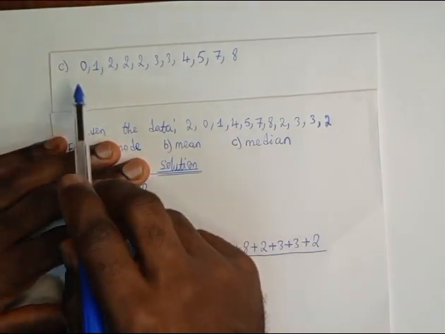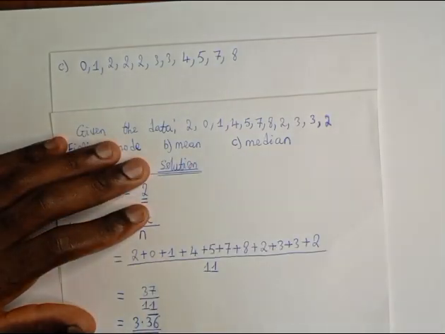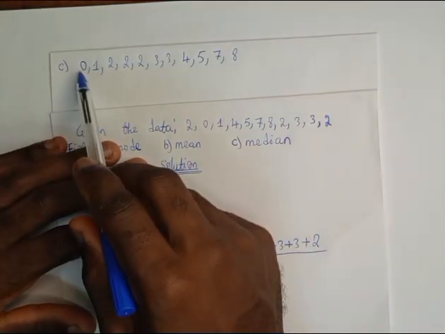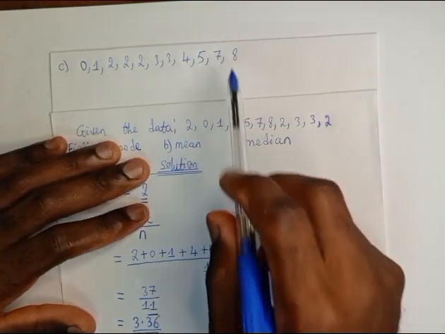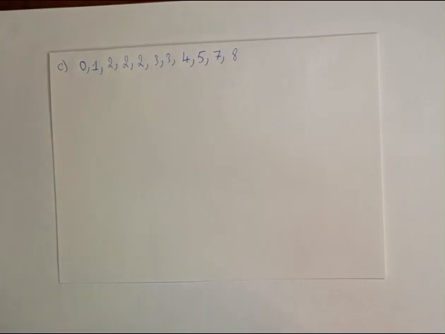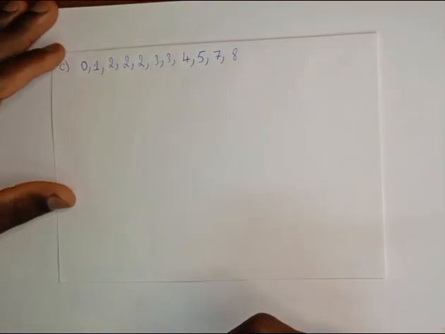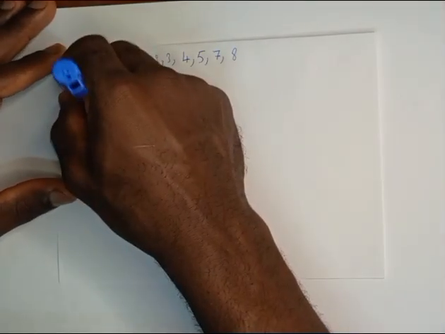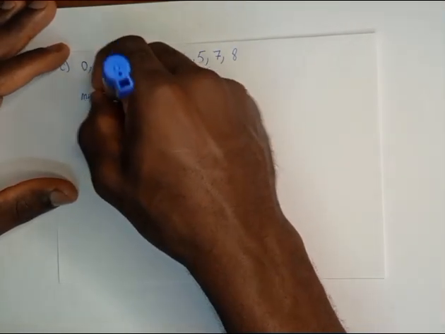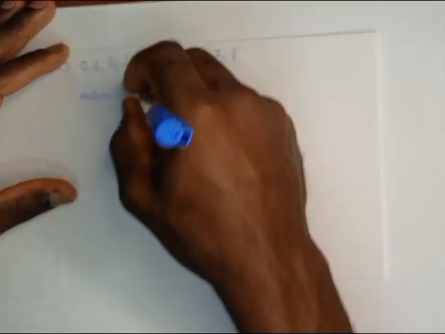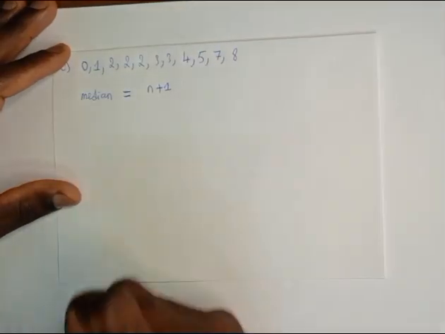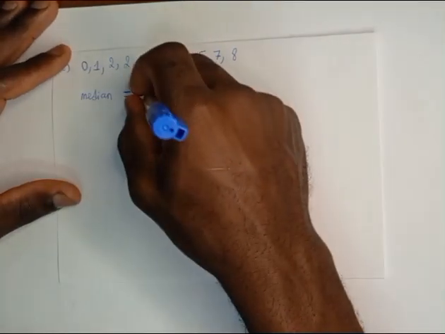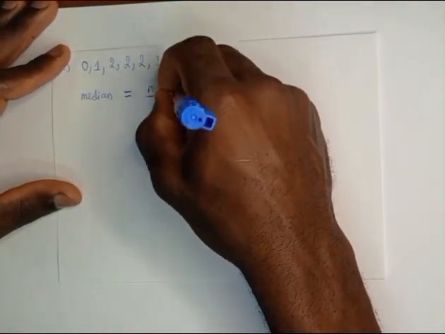Let's count to see if the number of observations in ascending order is equal to 11. 1, 2, 3, 4, 5, 6, 7, 8, 9, 10, 11. Since we have an odd number of observations, the median will be equal to n plus 1, where n stands for the number of observations, then we divide this by 2.